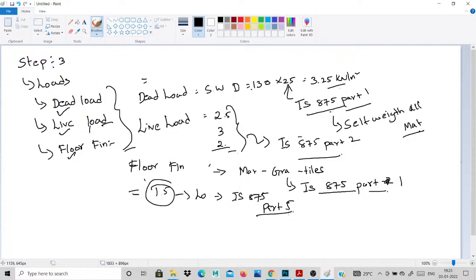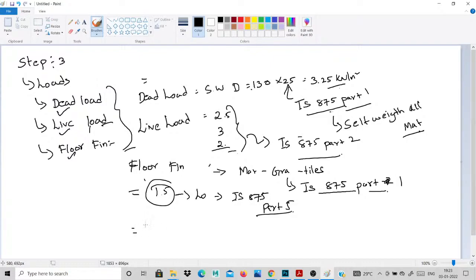The first step is to identify your slab. The second step is the depth calculation using the span by depth formula. Then step 3 is the load combination, how to take the loads from the code books: IS 875 part 1, part 2, part 3 and part 5 for your combination.